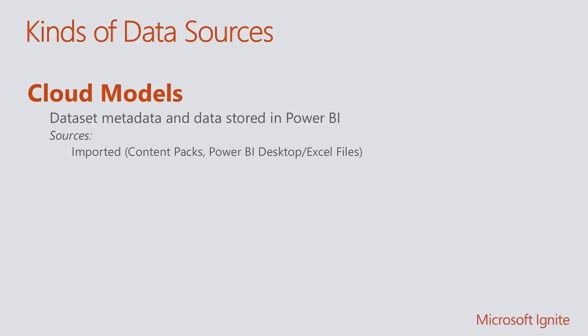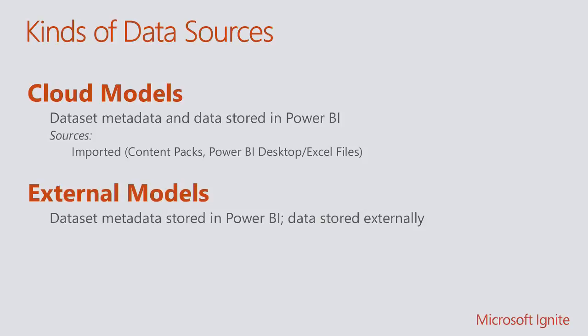And so examples of this, right? When you connect your data to Power BI Desktop, you have that import option, and what you're doing there is saying, hey, Power BI, take this data, put it in the cloud, and build a model against that in the cloud, right? So examples of this are, you do Power BI Desktop and use the import option. Any of the service content packs that we have, like Google Analytics, Salesforce, et cetera, behind the scenes, it's also doing that.